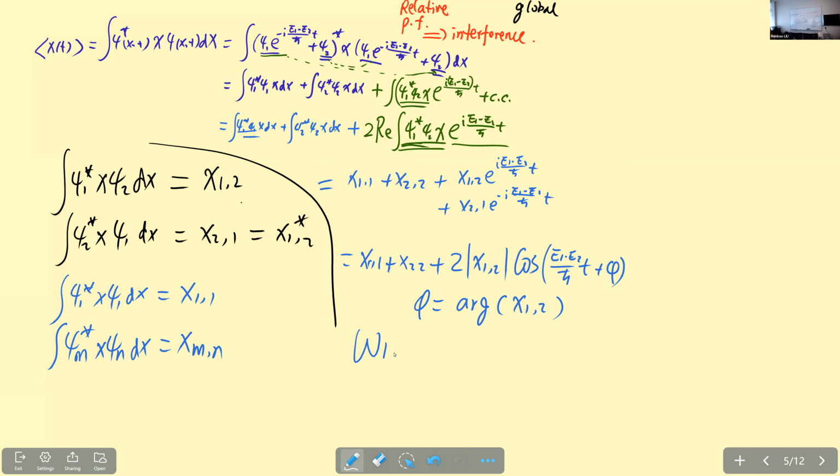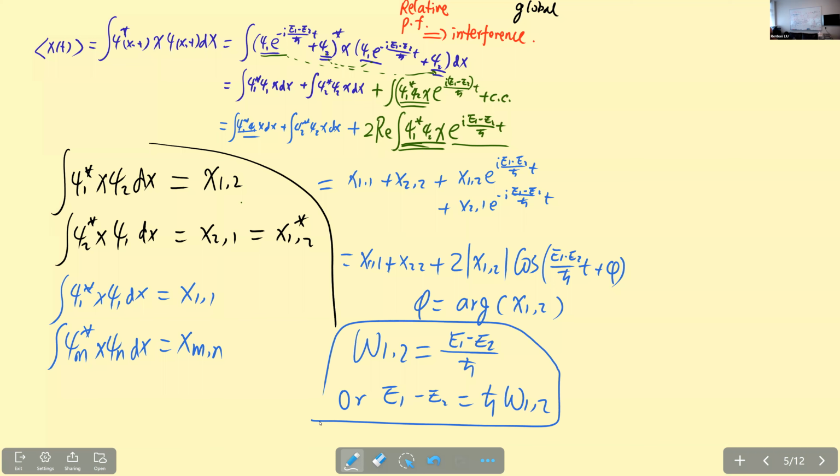So define this one as (E1 minus E2) over h bar, or you say that E1 minus E2 equals h bar omega 12. What's this? This is a beautiful term, right? This is the frequency of a transition, of an electromagnetic wave emitted by transition between state 1 and state 2.